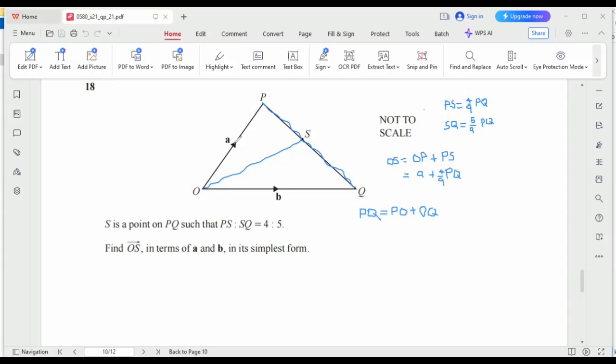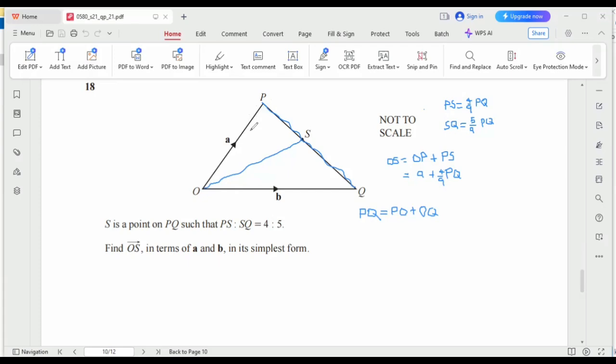Now take note of the fact that OP is A. You can see the direction of the vector. So if OP is A, then PO is just the negative because it's in the opposite direction. Remember a vector has magnitude and direction. The magnitude is still A, but it's in the opposite direction, so it has to be negative.